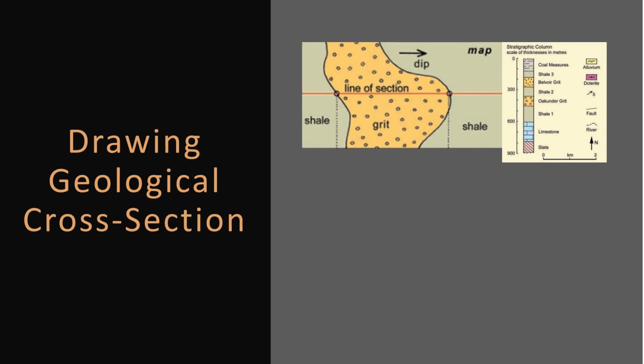This stage is like revealing the structure of what's underneath the surface of our geological map. So let's start with the simplest example. This one here is a portion of our geological map of Alconder Grit.